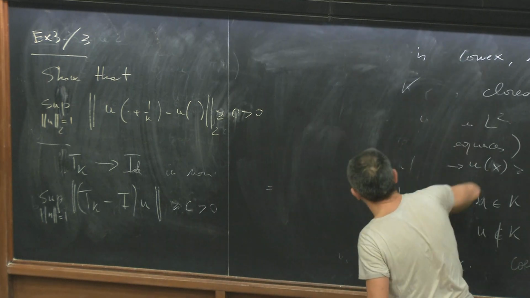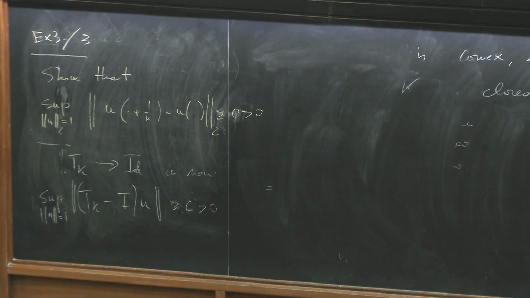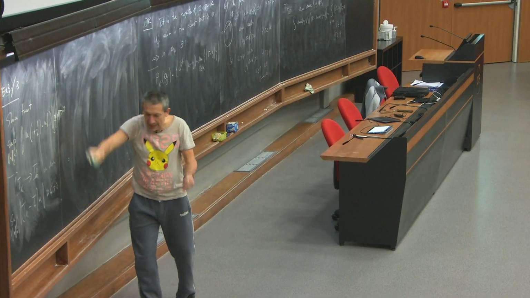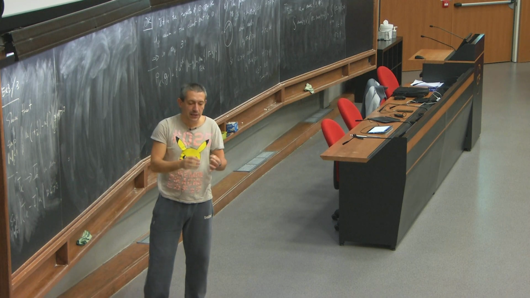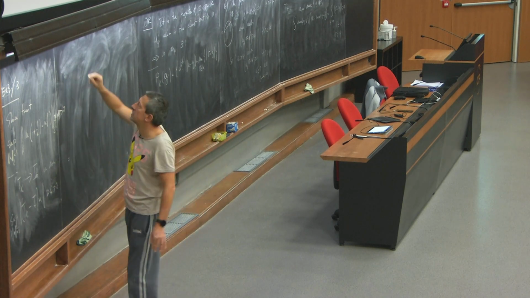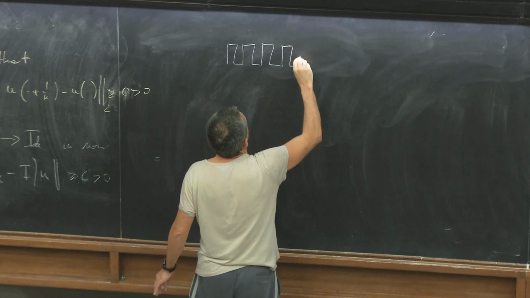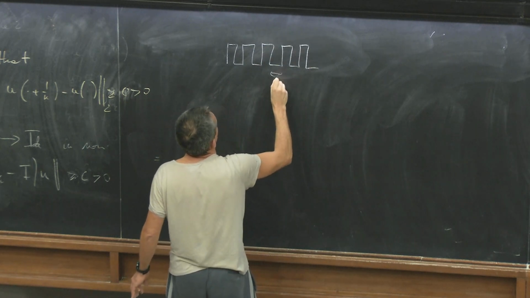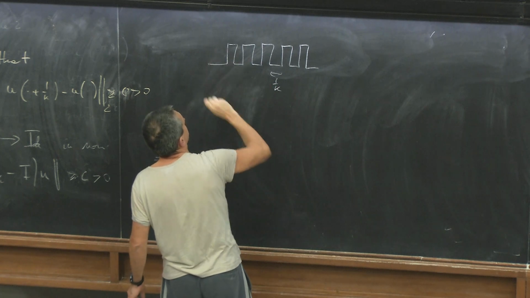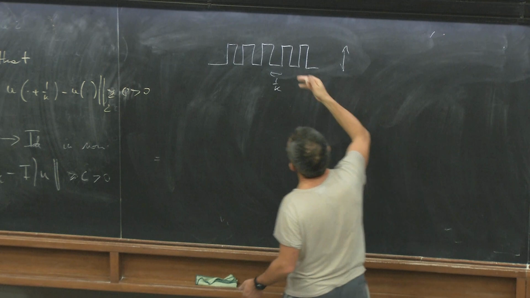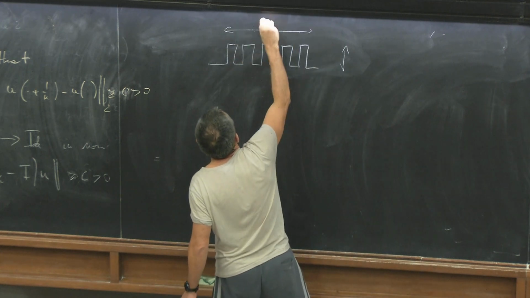So you just have to find a function in L2 whose translation by 1 over k gives a constant difference. Just define a function with size 1 over k and height 1, and then you need k of these.